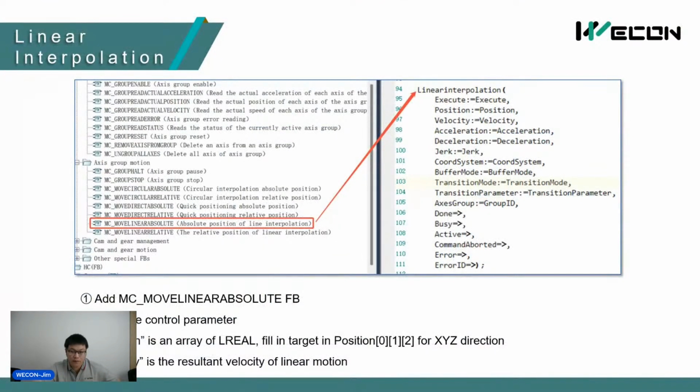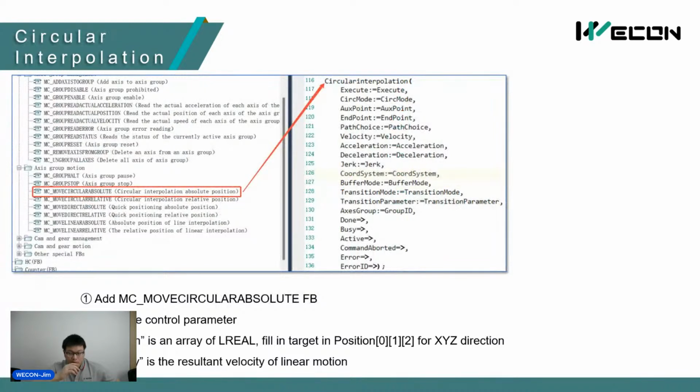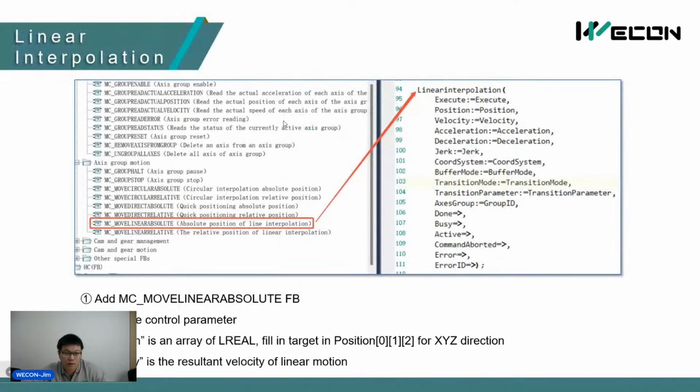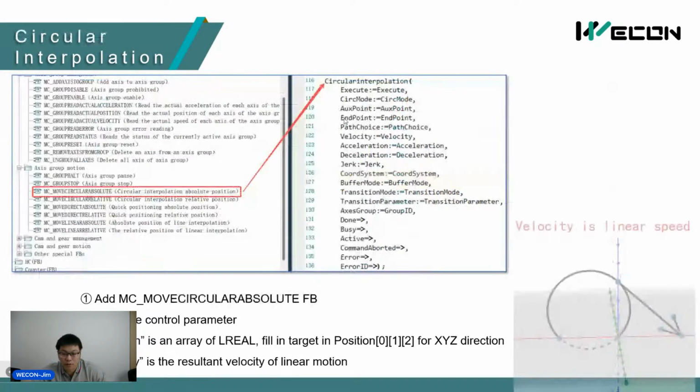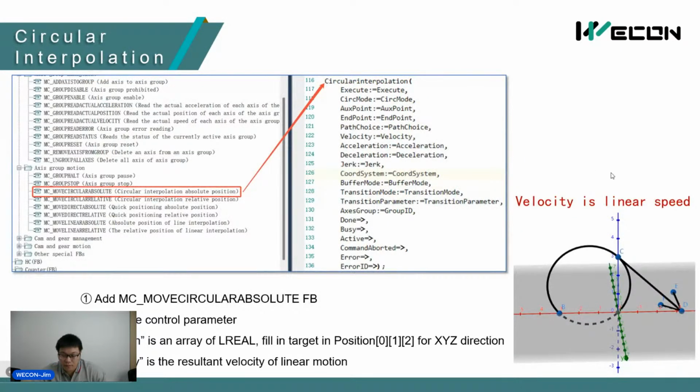And next, let's check this circular interpolation. Again, I will only introduce move circular absolute. Some input parameters are the same as linear interpolation. Some differ, for example, the velocity of the circular interpolation is the linear speed of the circle.